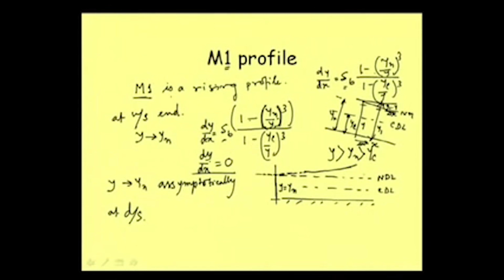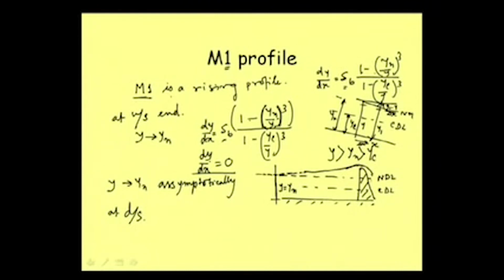So, normally the flow cannot rise or cannot go beyond the normal depth line. There must be some obstruction or barrier or something which has caused the water to rise. So, it is rising like that, and then when it crosses this barrier, it will definitely fall on the downstream side.